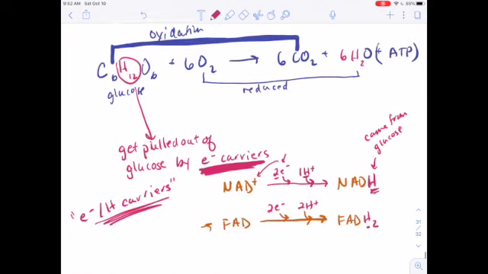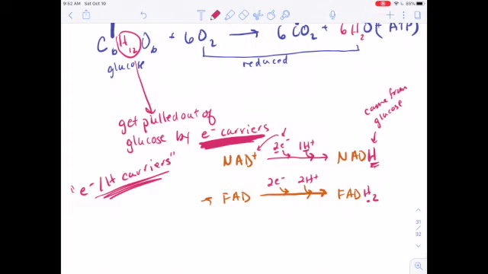So let's look at FAD here and then compare it to FADH2. Is this process here by this arrow an oxidation or a reduction? Is it an oxidation or a reduction?